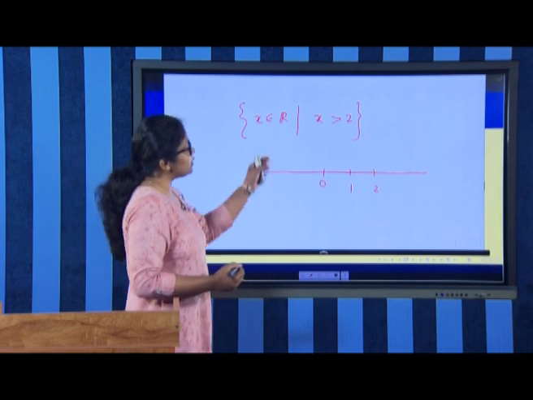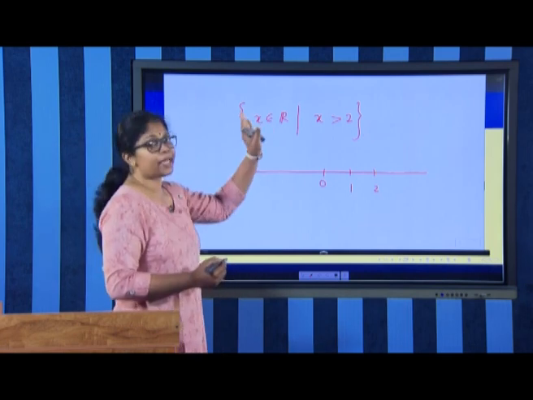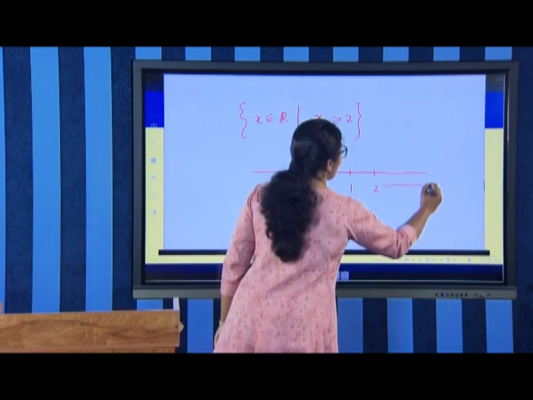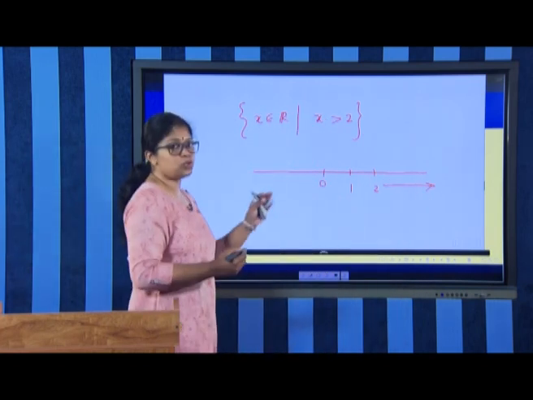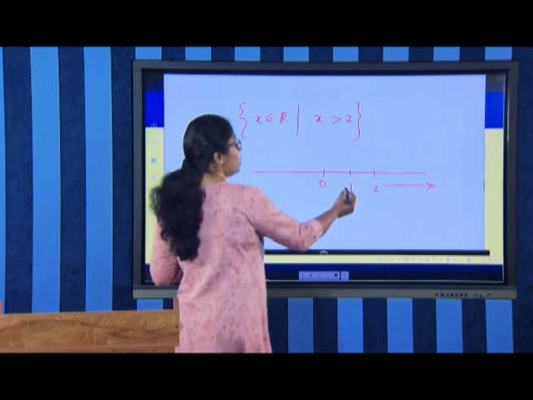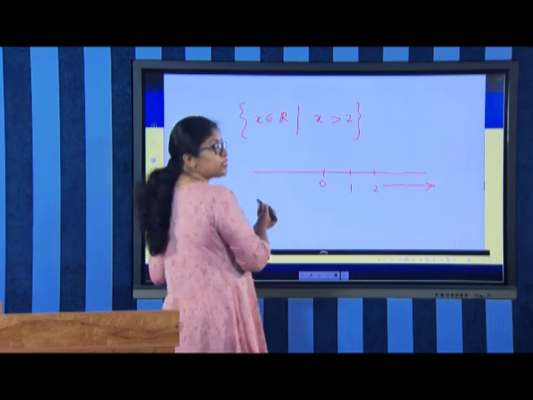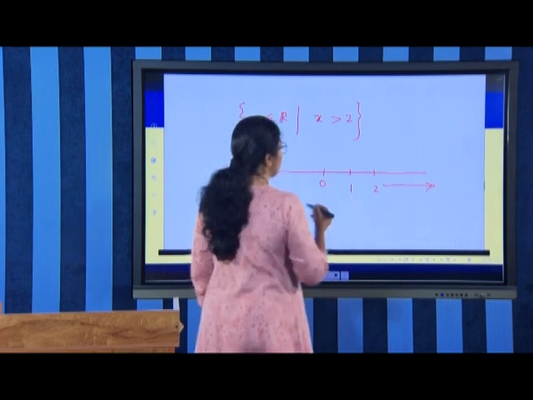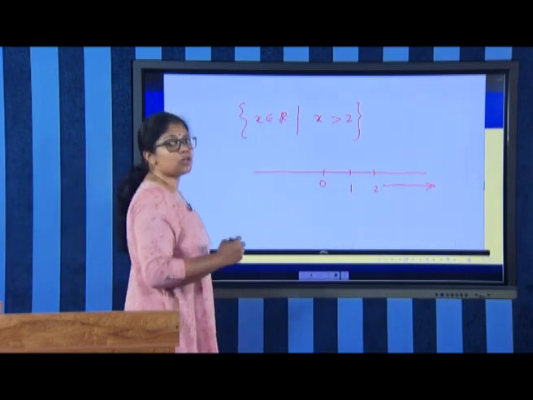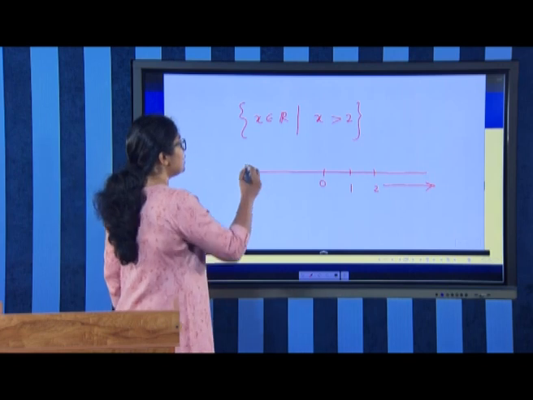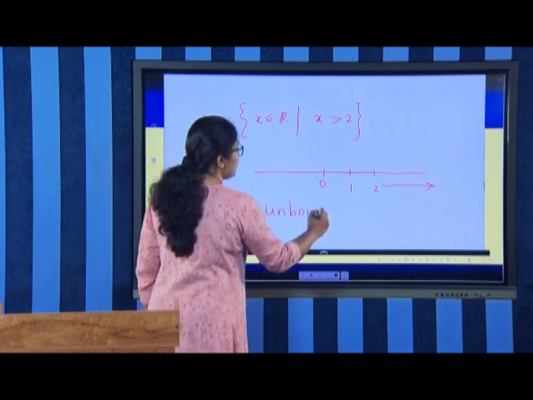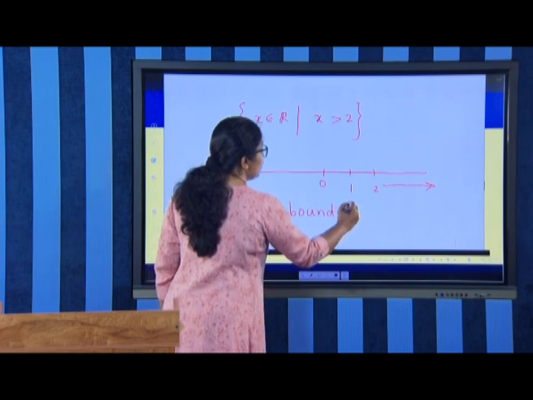So, the set of x belonging to R such that x is greater than 2 has lower bound 2, or 1, or 0, or any number which is less than 2, but this does not have an upper bound. So, by the definition of unbounded set, this set is unbounded even though it has a lower bound.